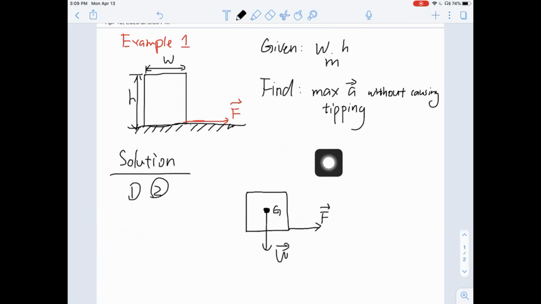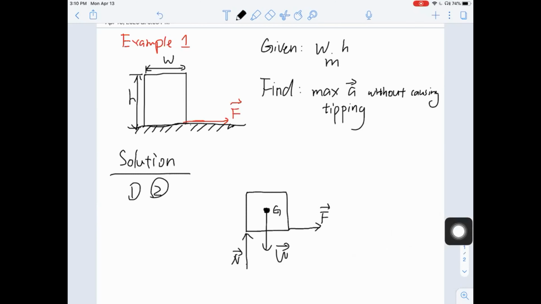But since here we're looking at this extreme condition, right before this box is tipping, the normal force in that condition would be at the edge of the box. So this is how I would draw my normal force: right before tipping, at the edge, pointing upwards.